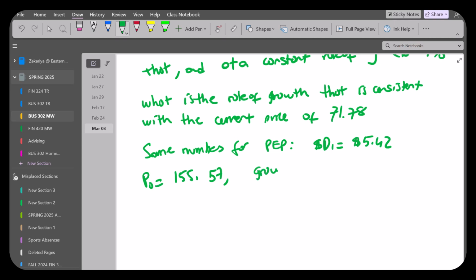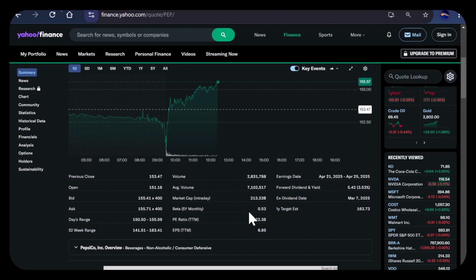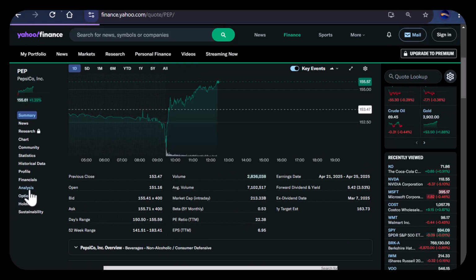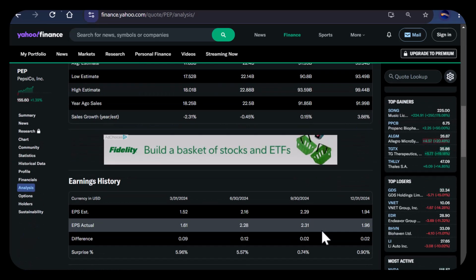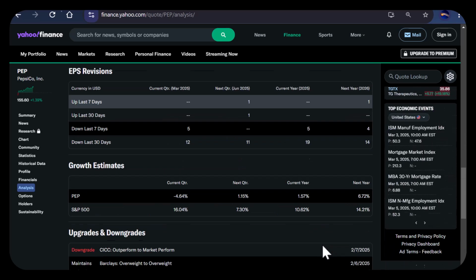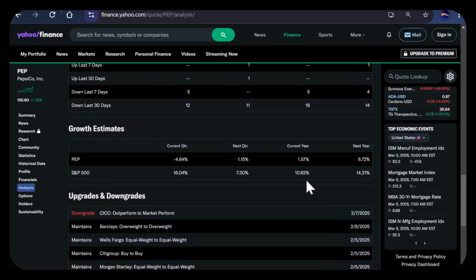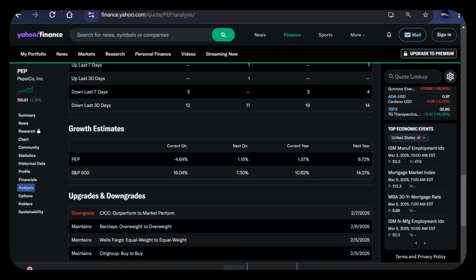And growth rates, remember, these are growth rates estimated by analysts. 1.57 and 6.72.